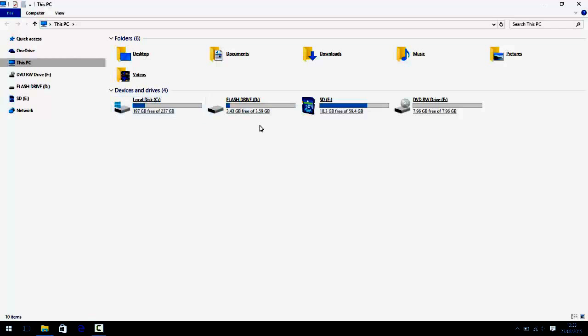My flash drive is a 4 gigabyte, but it says only 3.59 gigabyte. And my SD card is a 64 gigabyte, but it says only 59.4 gigabyte. And the DVD writer has an 8.5 double layer disc, but showing only 7.96. Why is that? Many people have been asking about it.